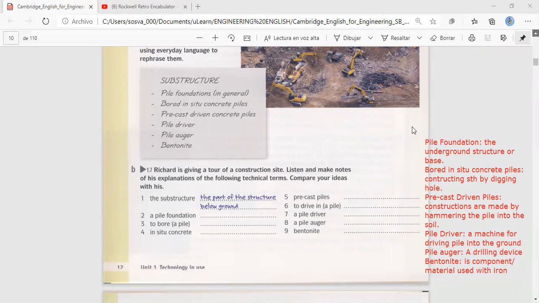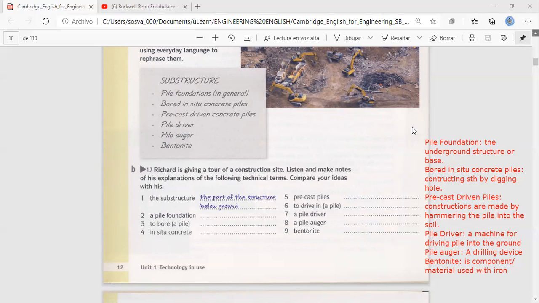Now we're going to listen to the professional. I want you to write down how he explains the concepts in everyday language, and write down what you hear.